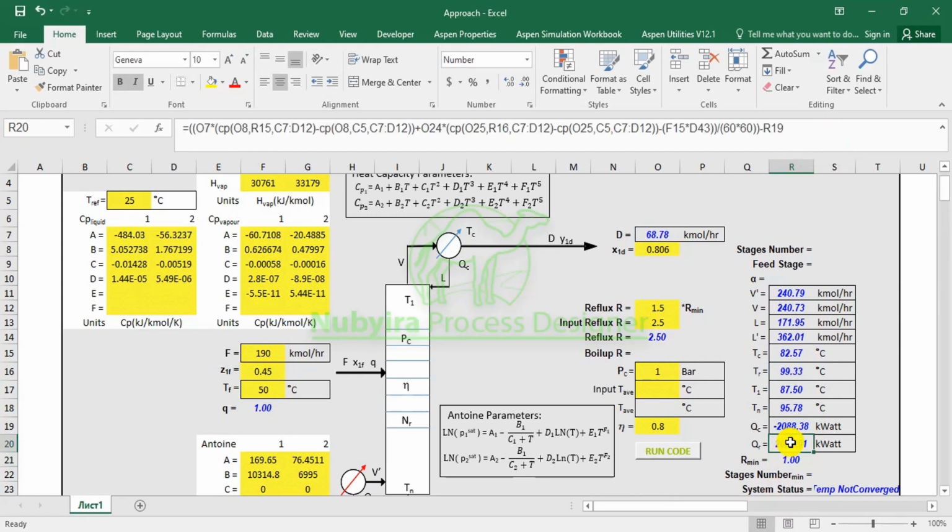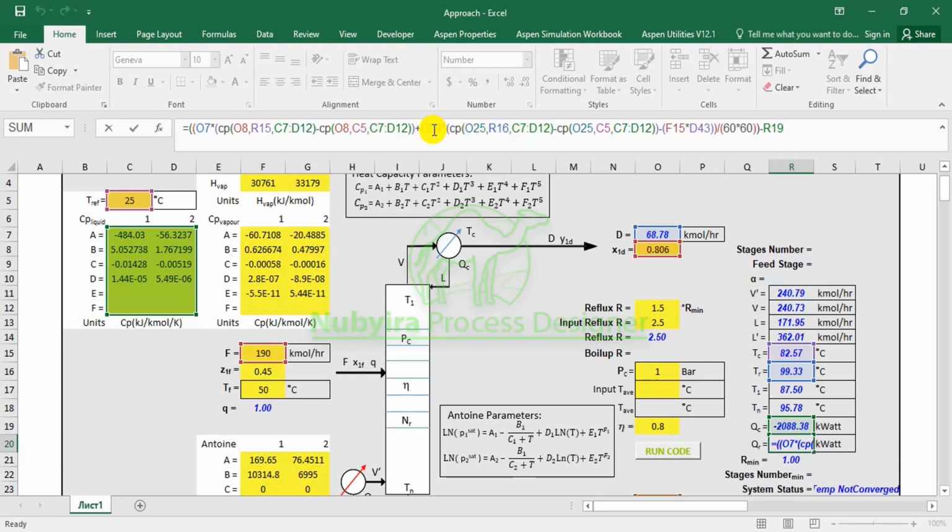So we have the flow of the distillate, this is the temperature minus the temperature of the reference. If you click on it, this is for the temperature of the distillate, R15, and this is the reference temperature, C5.